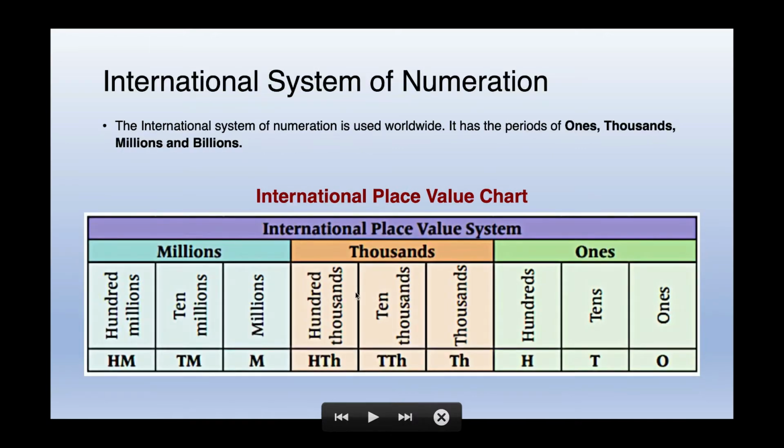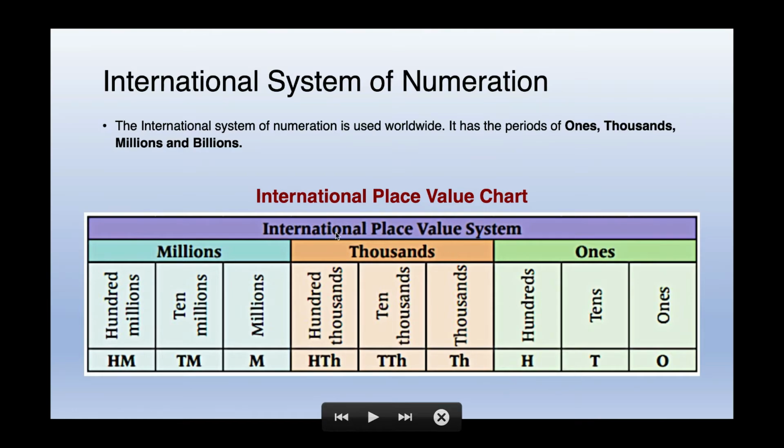Then the international system of numeration. The international system of numeration is used worldwide. It has the periods of ones, thousands, millions and billions. So this is the international place value chart for the international place value system. Now over here in the ones period we have ones, tens and hundreds places again.